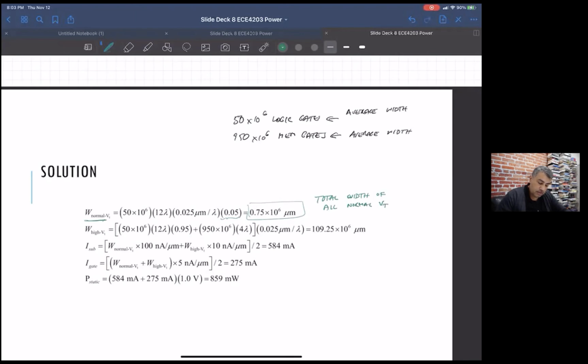And then the high VT devices include all the memory and then 95% of the rest of the logic. And that's this total width of all high VT.